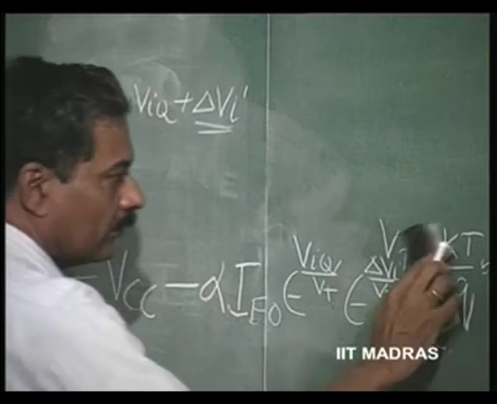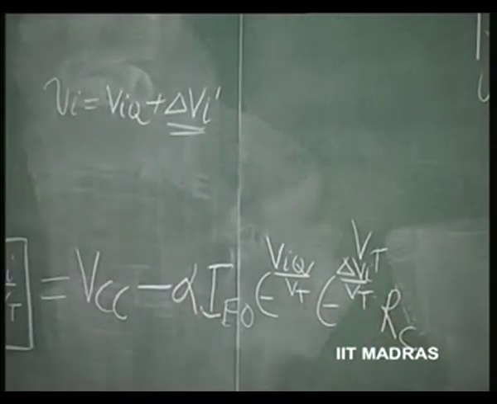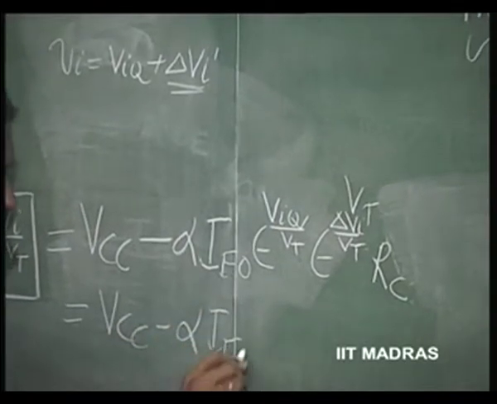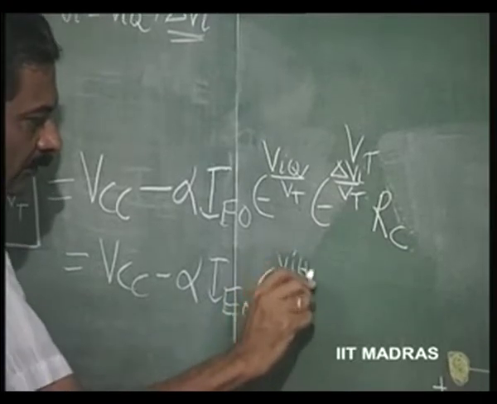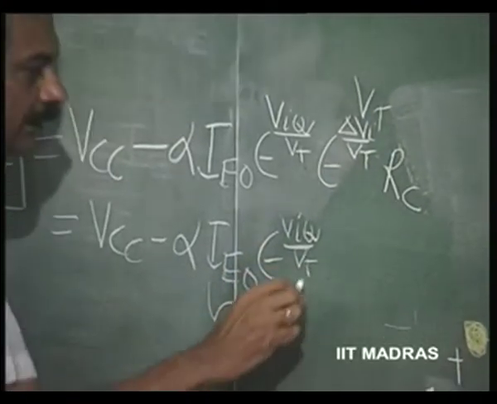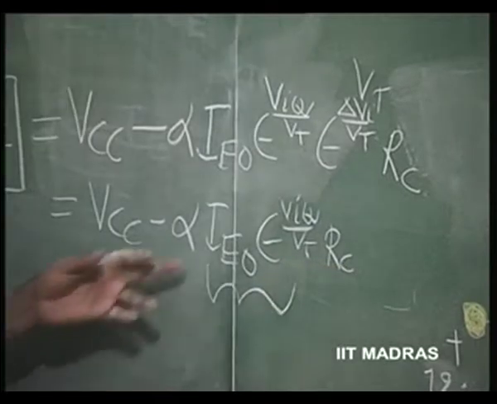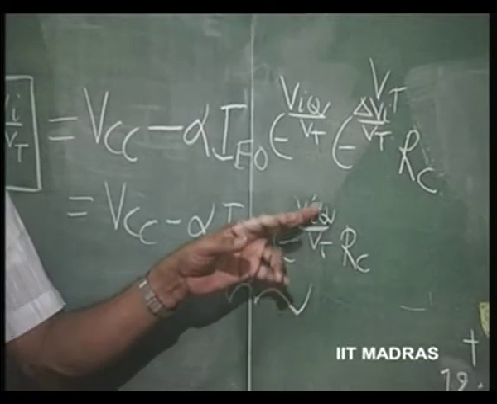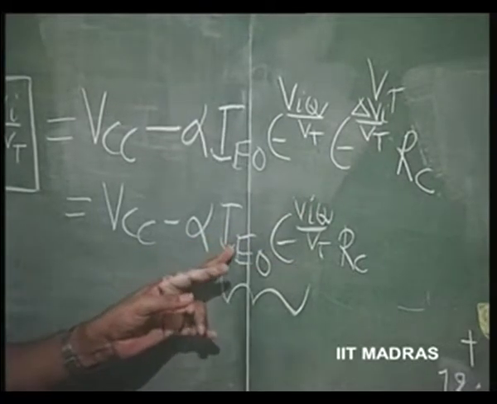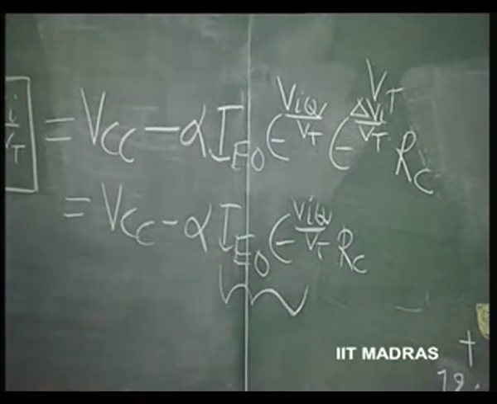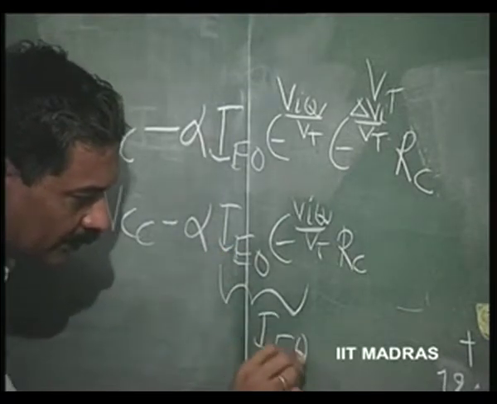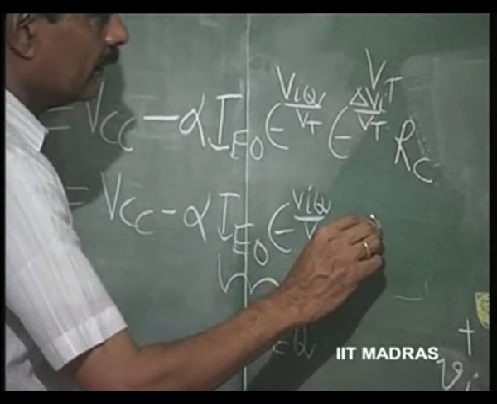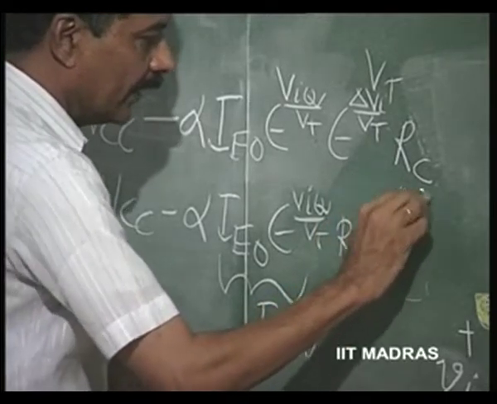So, this is equal to VCC minus alpha IE naught exponent VIQ by VT. What is this? This IE naught exponent VIQ by VT is the same as IE naught exponent VBEQ by VT. This is nothing but IEQ, the quiescent emitter current. This into RC into exponent delta VI by VT.